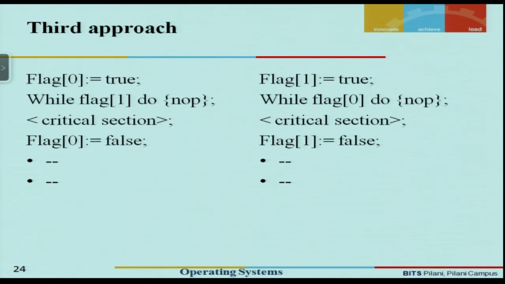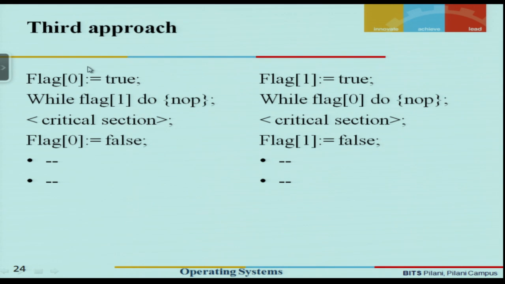So this particular problem can be sorted out in a very simple way. What is done is that as soon as process 0 comes in, the very first thing it will do is mark its flag equals to true.